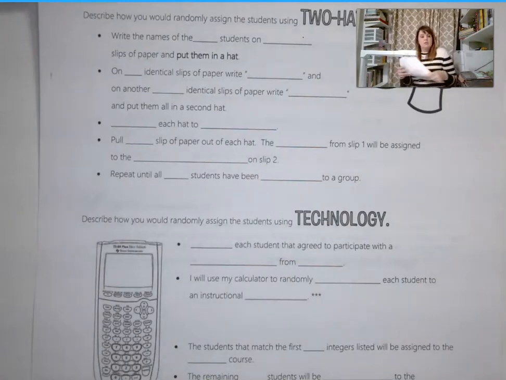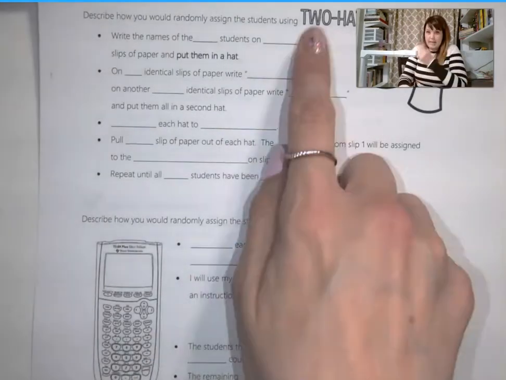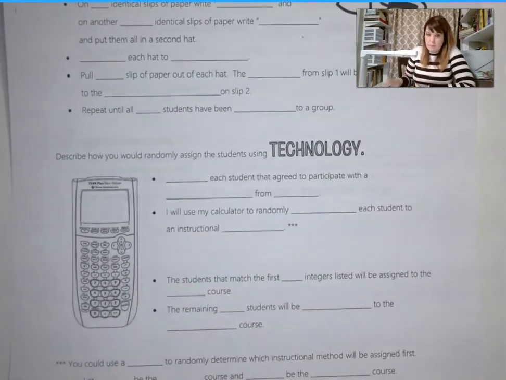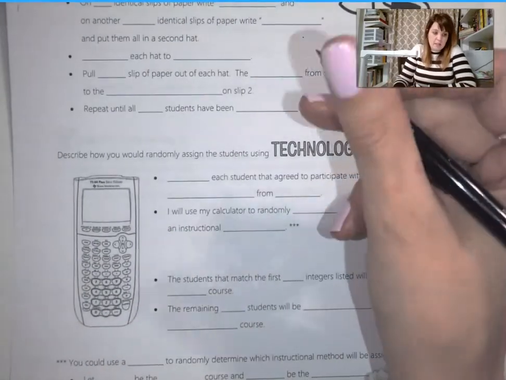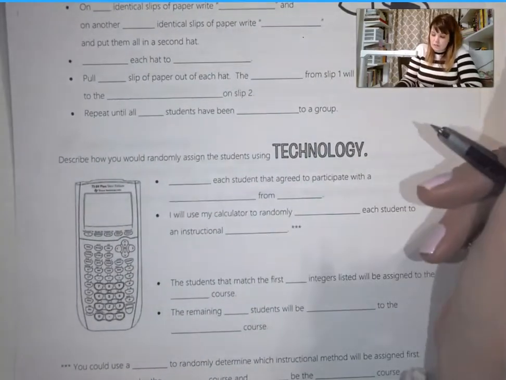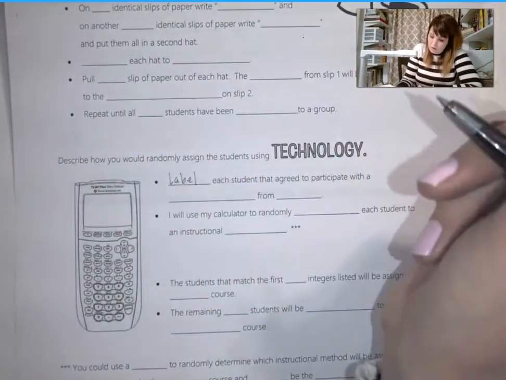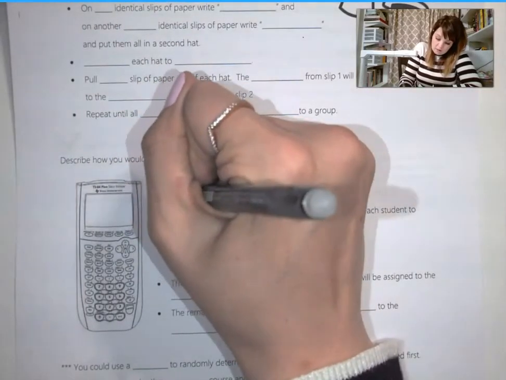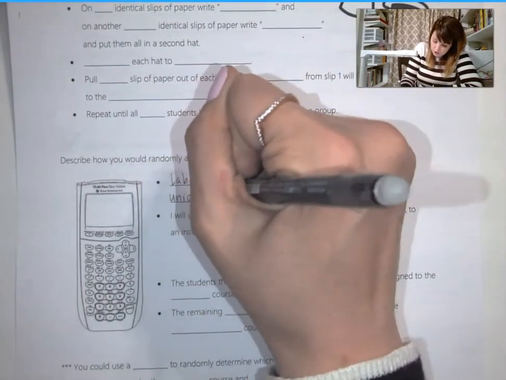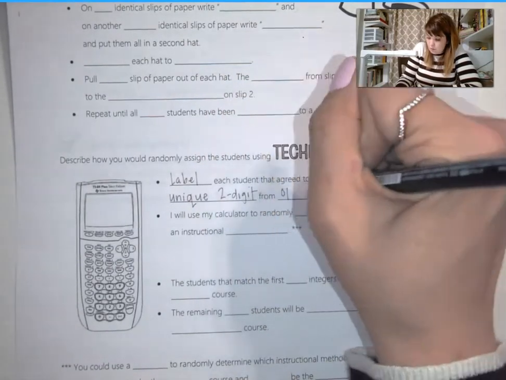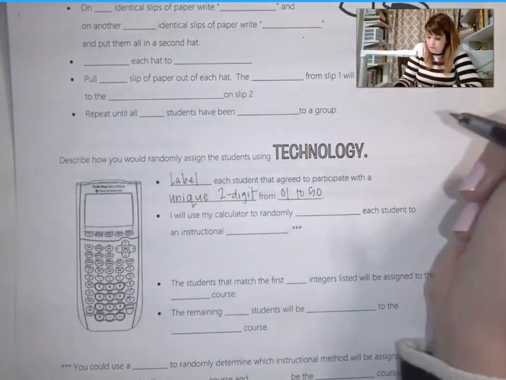So, step number one. I am skipping the hat method and going to technology. Step number one is label each student that agreed to participate with a unique 2-digit number from 01 to 50.